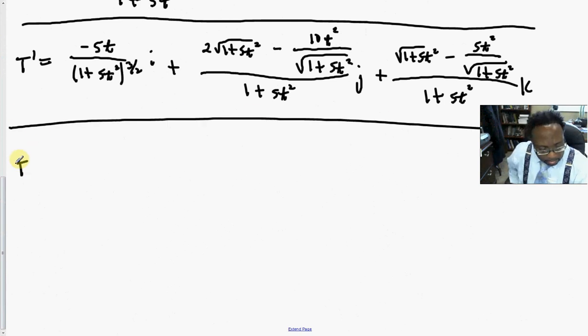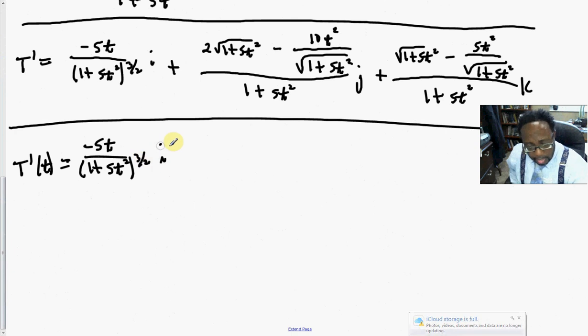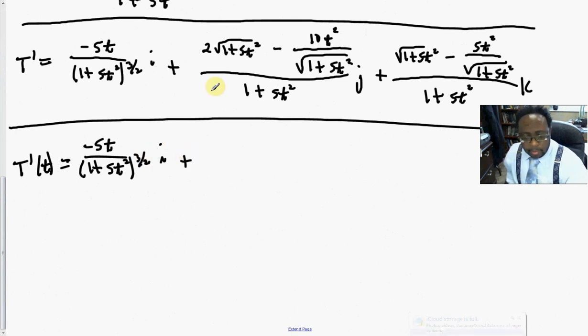So now T prime of t is equal to, let's see, we can clean it up, negative 5t all over 1 plus 5t squared to the 3/2 power, i, plus, now to combine this fraction and this fraction, we find the LCD, which is the square root of 1 plus 5t squared.